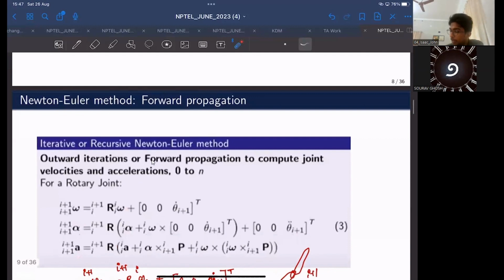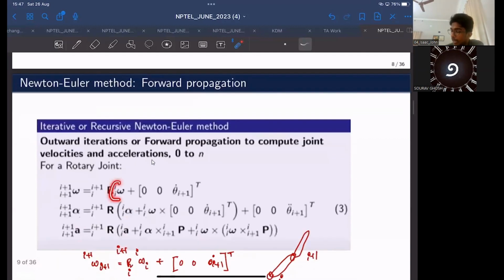So if we know the angular velocity of the preceding link and the active joint variable, the derivative of the active joint variable of the current joint, we'll be able to find out the angular velocity of the I+1 joint using propagation equations.